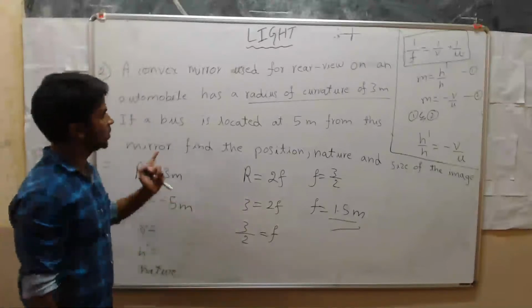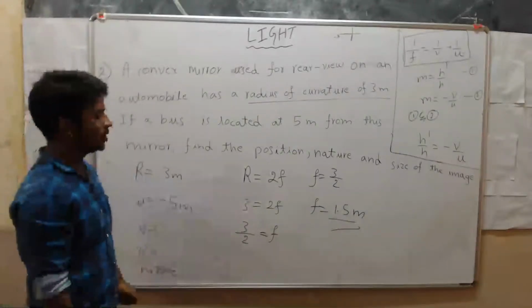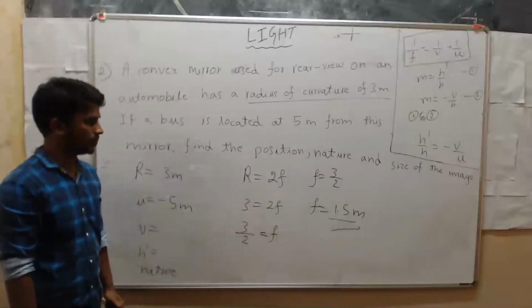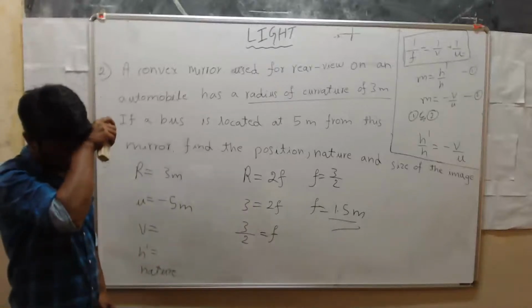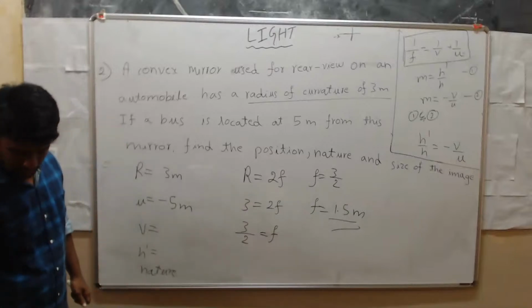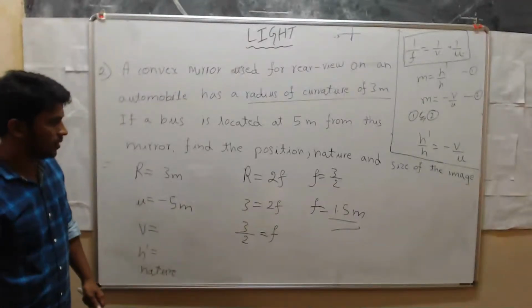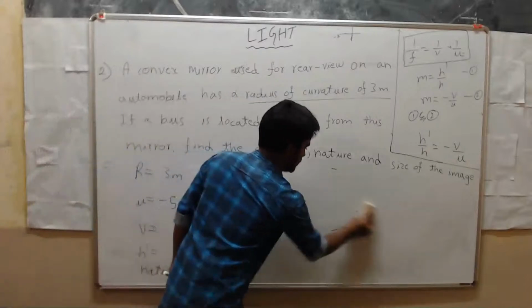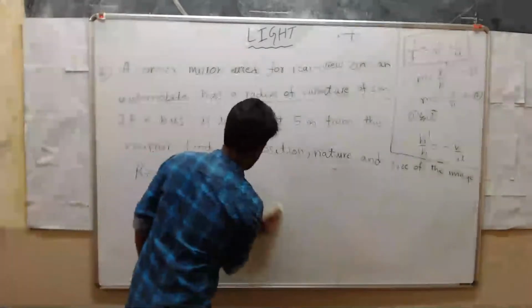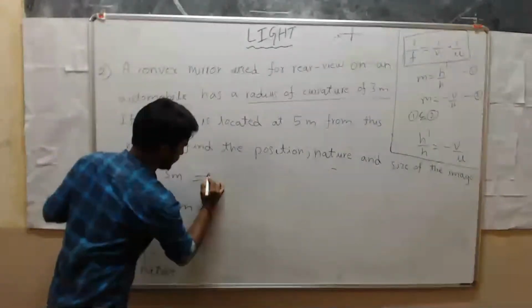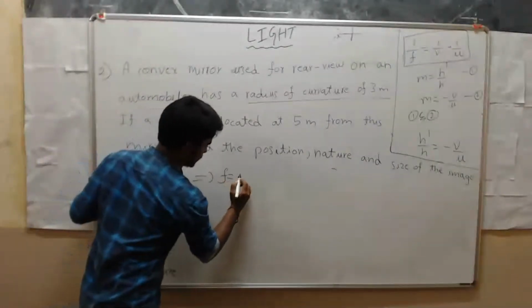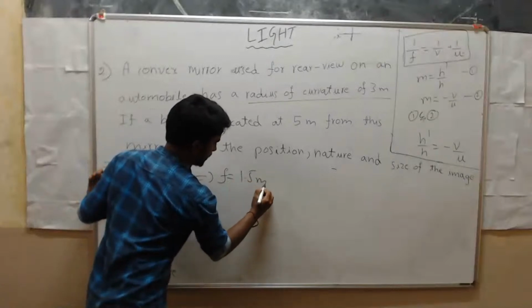So here the focal length of the convex mirror is 1.5 meter. Now I will erase this one. So I will write here f is equal to 1.5 meter.